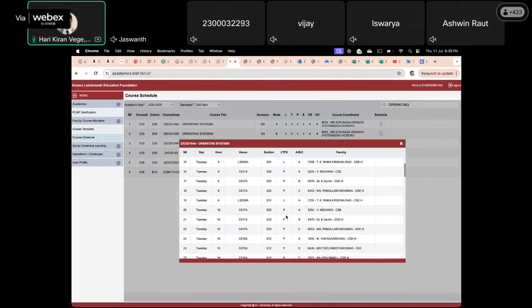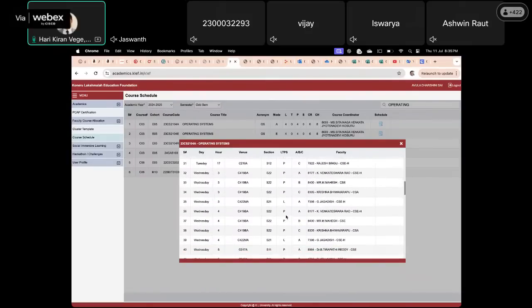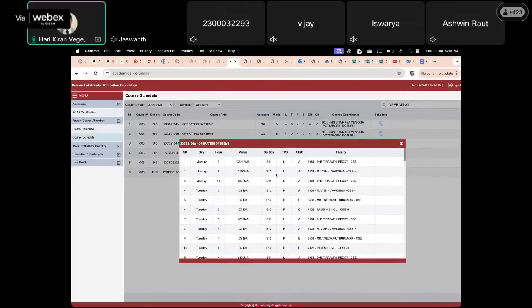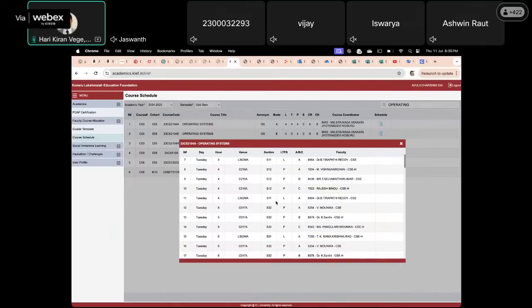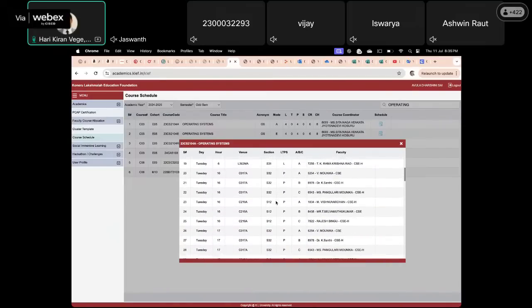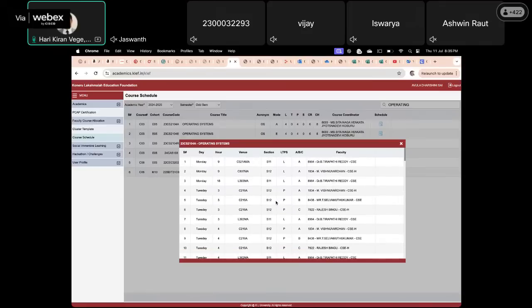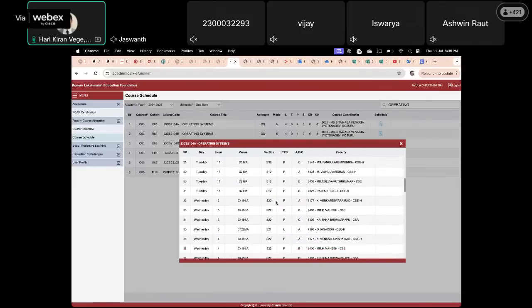See, if you look at the section numbers, you will observe that there are section numbers which start with 1, there are section numbers which start with 2, there are section numbers which start with 3, right? So S22 section, which cluster does it belong to? It belongs to cluster 2. So who are all handling courses in S22?